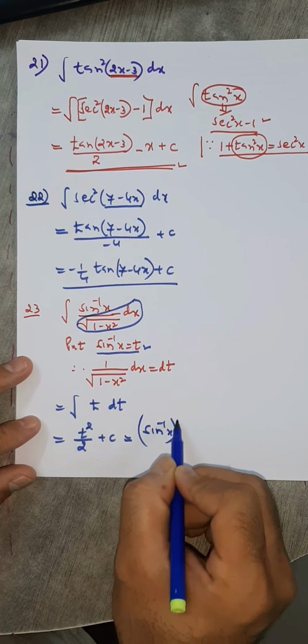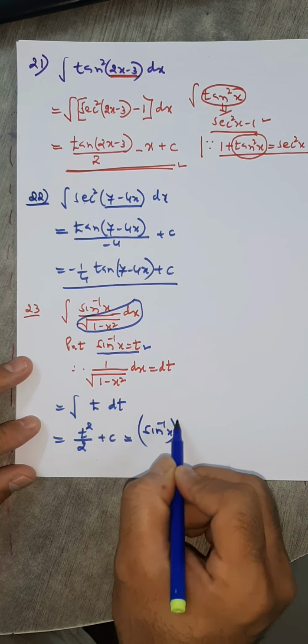If you remember, here the power is 1, and here is your derivative. So if you remember the formula, raise the power by 1. So sine inverse x the whole square by 2 plus c. This is the direct answer. Which formula do we use? Just recall this one. Integral of f raised to n into f dash is f raised to n plus 1 upon n plus 1 plus c. We use this formula here.